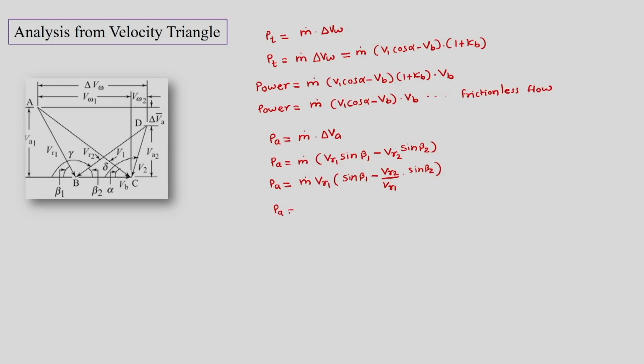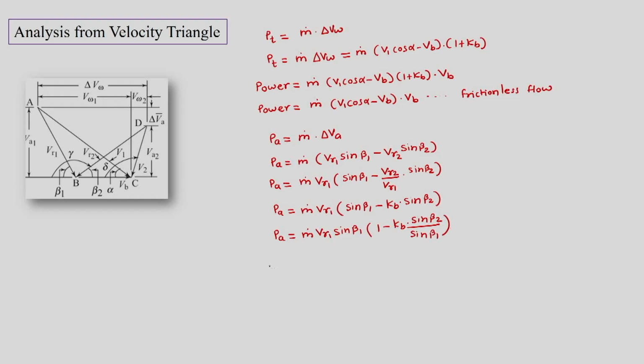So axial thrust is equal to m dot VR1 sin beta 1 minus Kb into sin beta 2. If we take sin beta 1 also common, then m dot VR1 sin of beta 1 into 1 minus Kb into sin beta 2 upon sin beta 1.